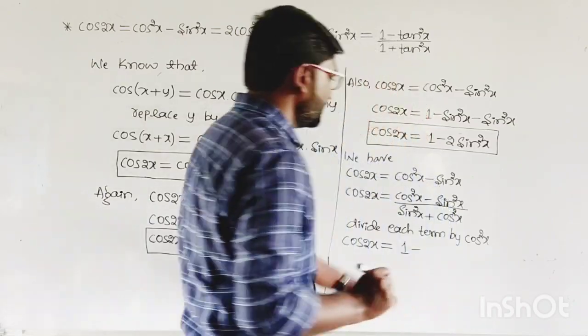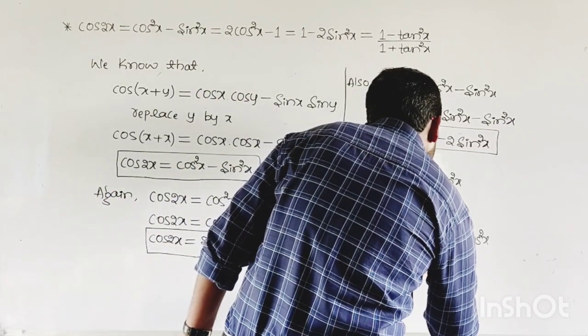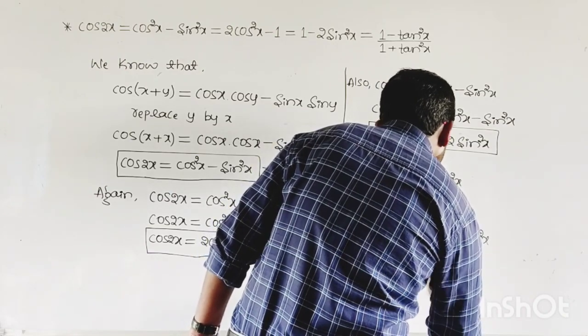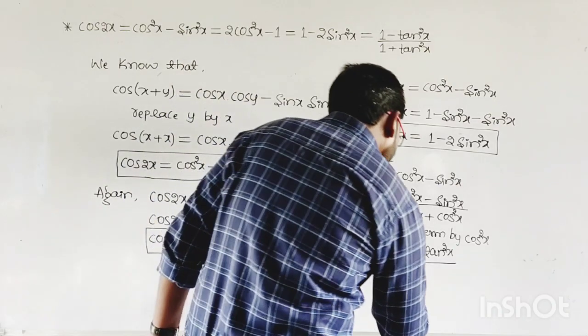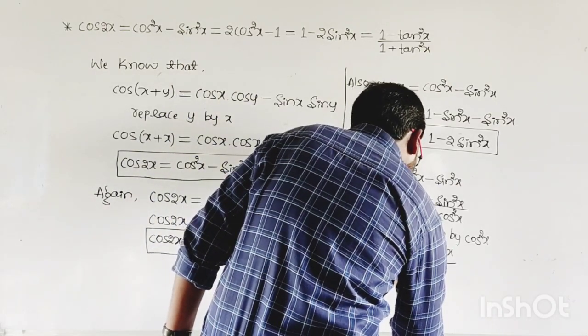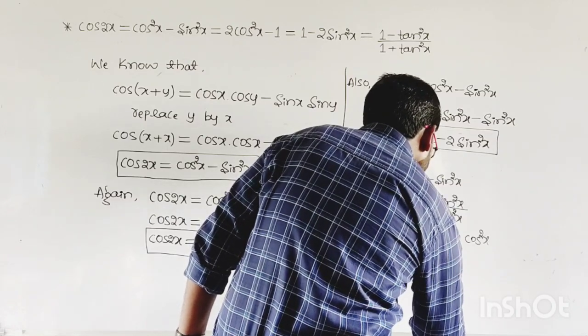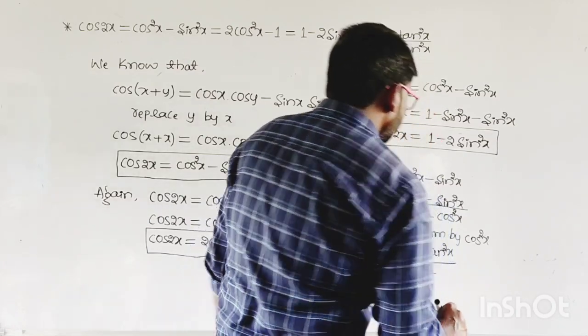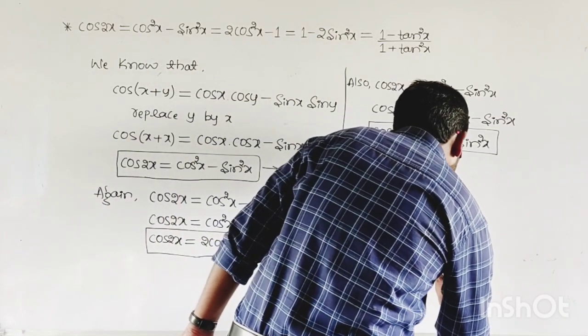Then minus sin square x divided by cos square x will be tan square x. Then whole divided by sin square x divided by cos square x, so it is tan square x, plus cos square x divided by cos square x, it is 1.